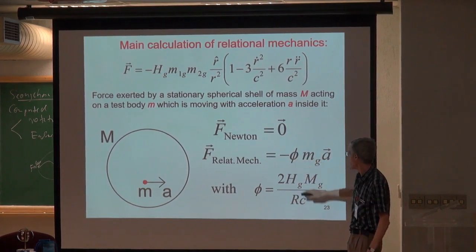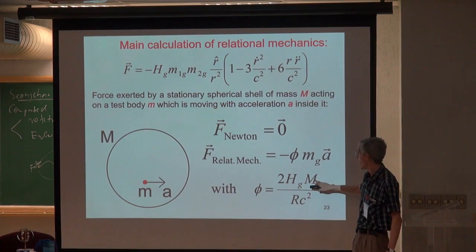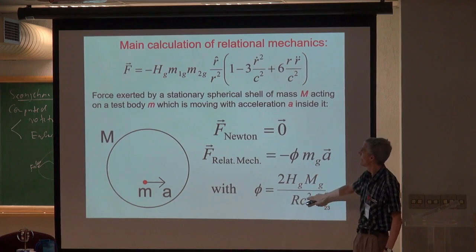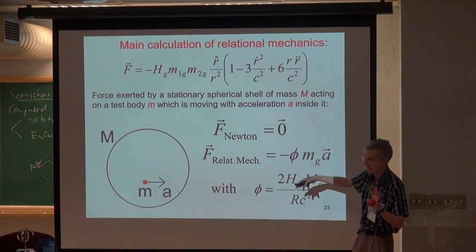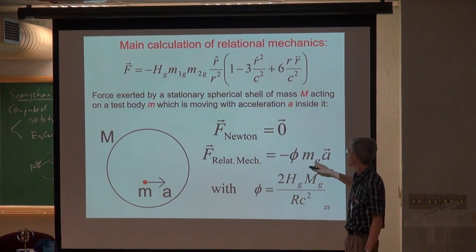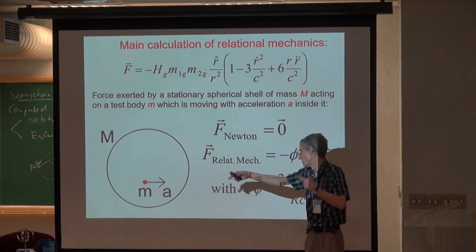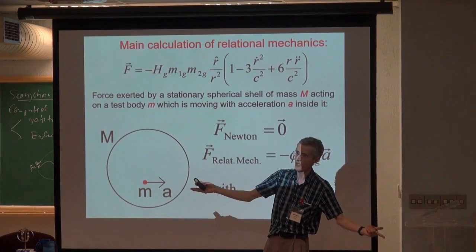This constant phi depends on the radius of the shell, on the mass of the shell, and on Weber's constant c, or light velocity, as I'm utilizing it here. And the force is opposite to the acceleration of the apple, or the test particle, relative to the shell.